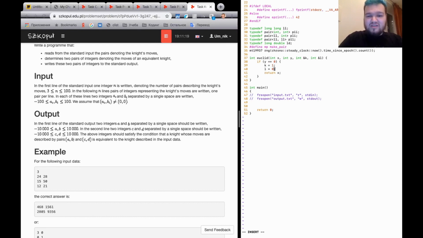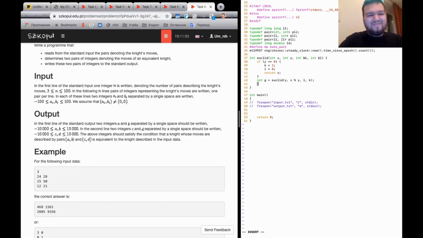X times 1 plus y times 0 is x. Otherwise, we will have a recursive call. You can see that I have switched the order of l and k, because l is the coefficient before y and k is the coefficient before x mod y, which is actually x minus y times x divided by y.